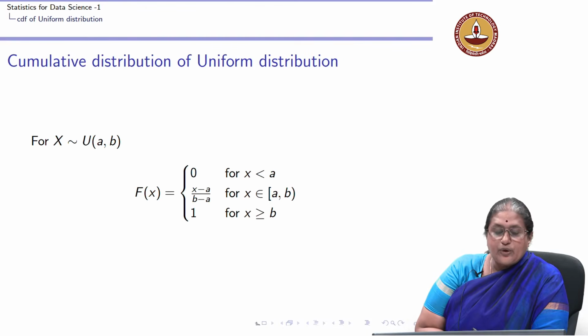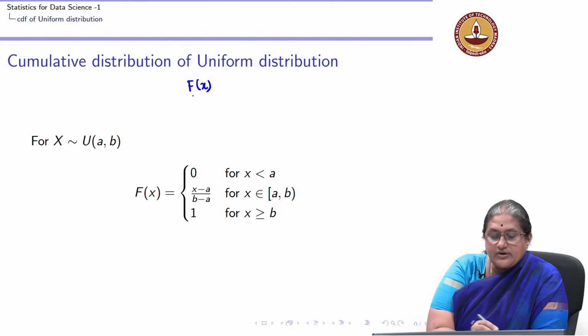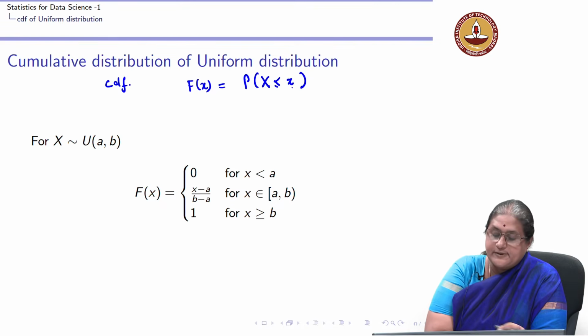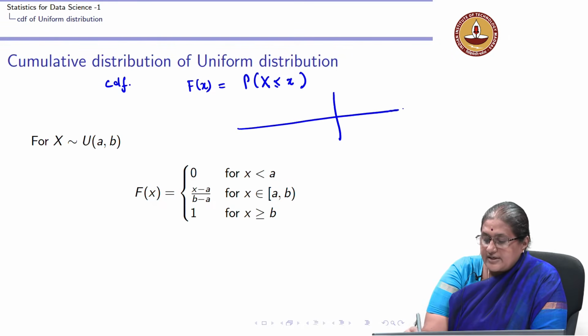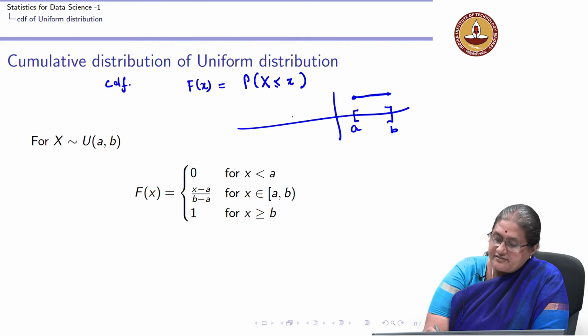Now, what is the cumulative distribution of a uniform distribution? Recall, the cumulative distribution function, F of x, was the probability that X is less than or equal to x. Again, if I am given a to b, this is my probability density function.